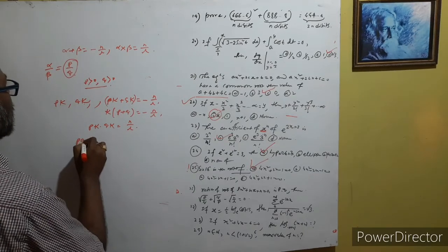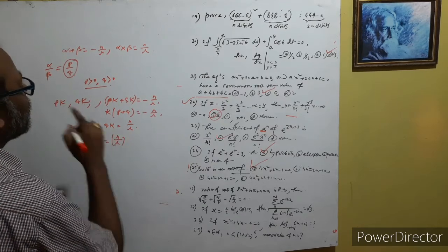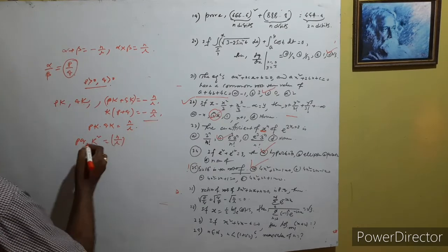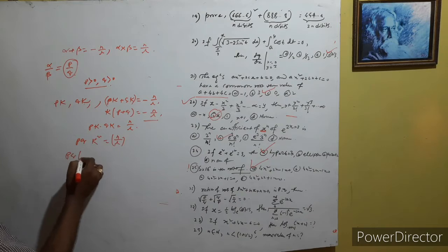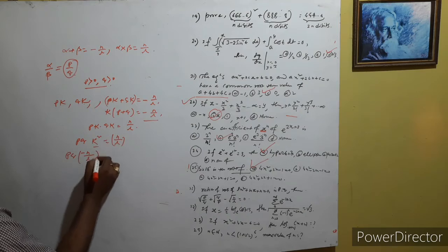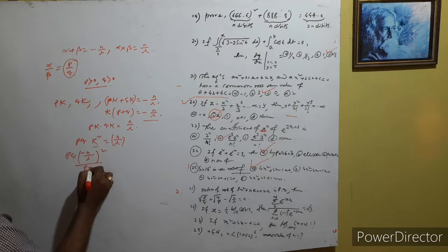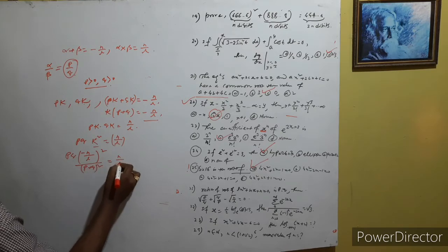So pq k square is equal to n by l. Okay, so pq into minus n by l whole square by p plus q whole square by n by l.